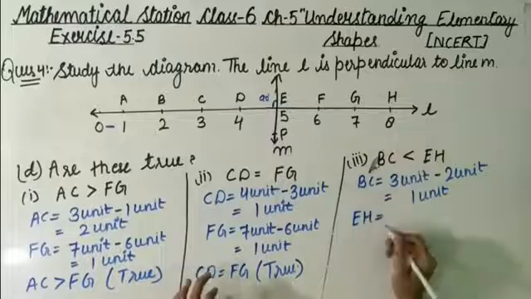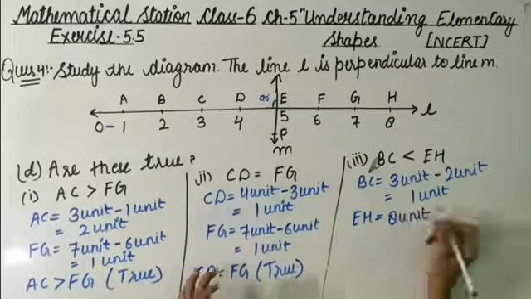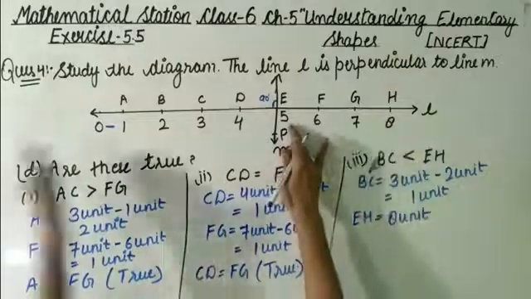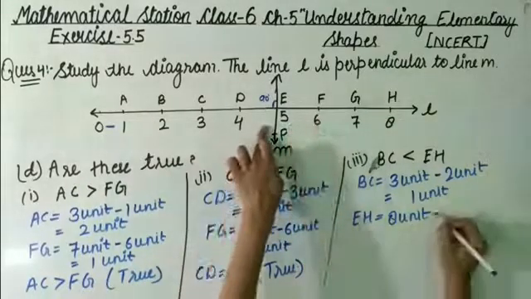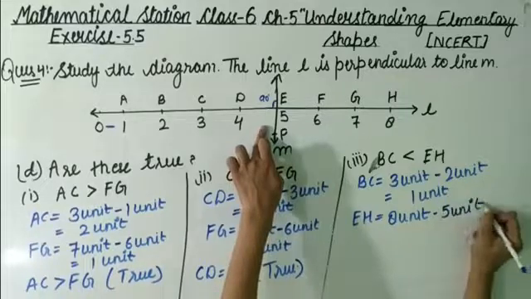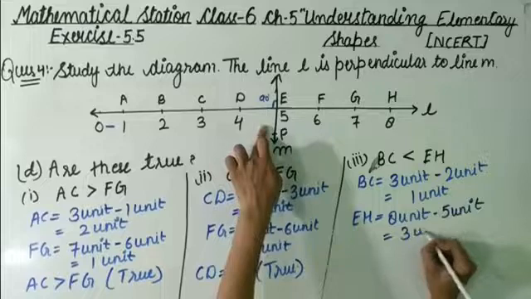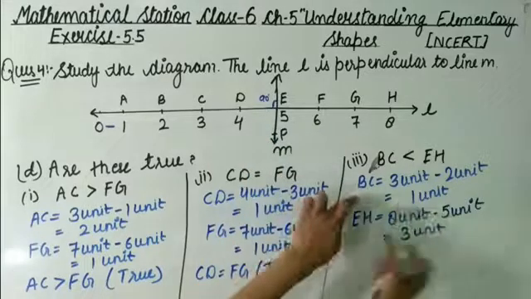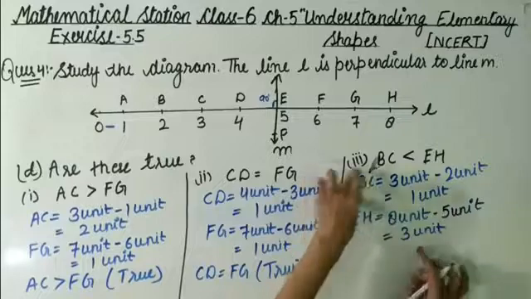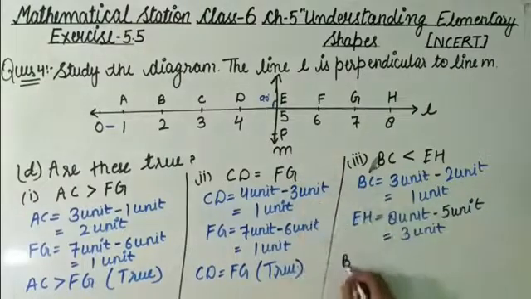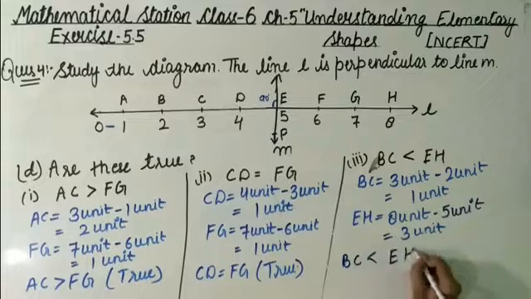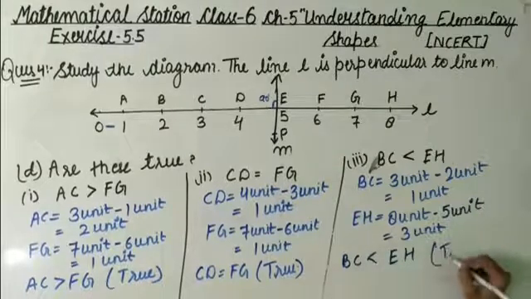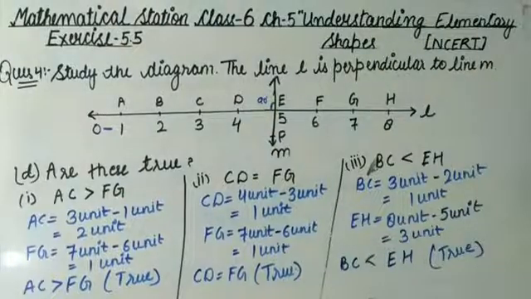Now 8 unit minus 5 unit, because point H is on 8 and point E is on 5. 8 minus 5, and the difference will be 3 unit. So student, BC is 1 unit and EH is 3 unit. 1 unit is less than 3 unit. So BC is less than EH. This is the last part of question number 4. And with the end of this question, our exercise also ends. Now student, if you have any doubt, then you can ask.